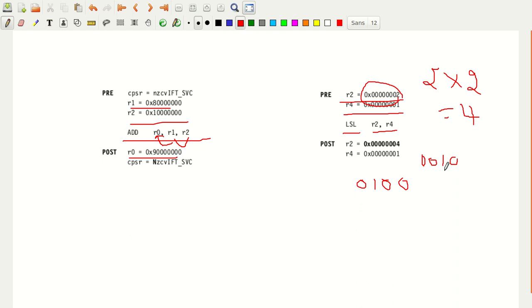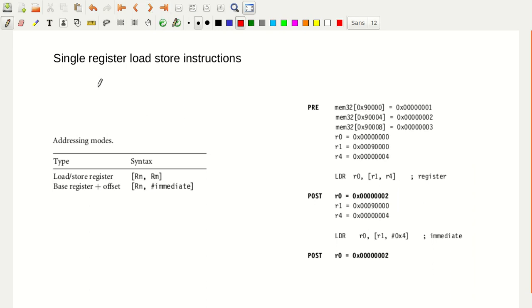When it is logically shifted left by 1 bit, this 1 comes here, and 0 is added here. So this is 0 1 0 0. That is what you get here, so that is 4. Okay, so this is just a normal addition, and this is the logical shift left operation.